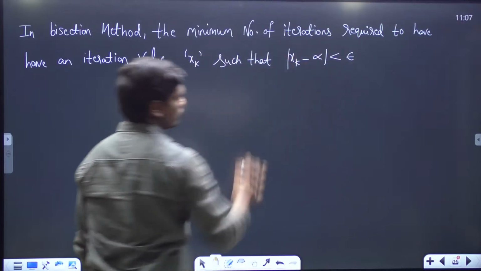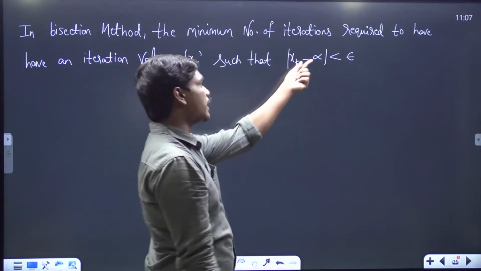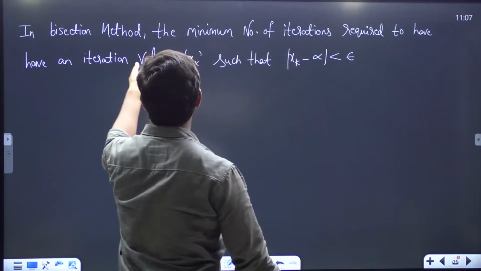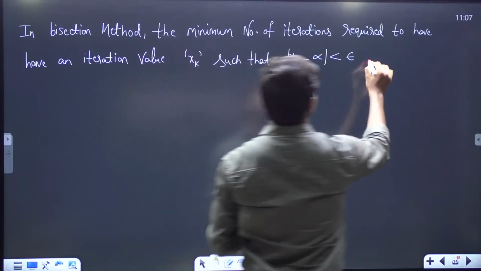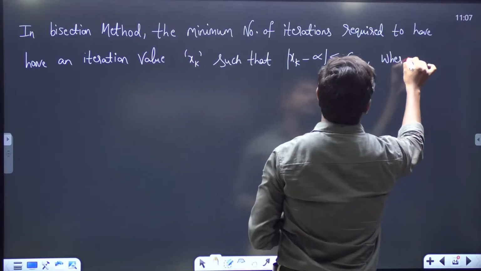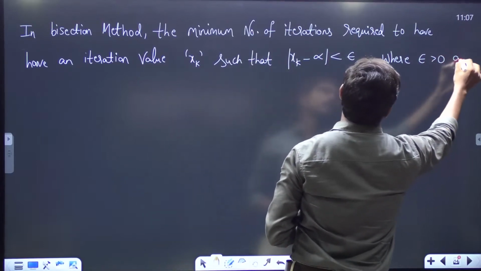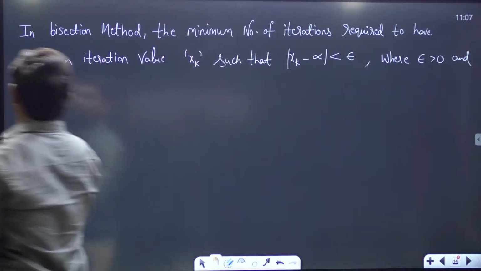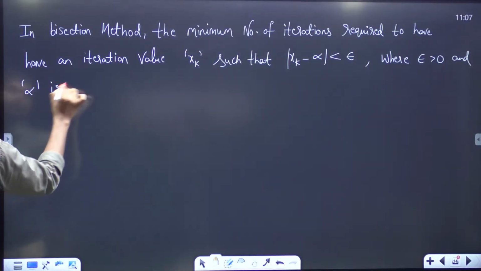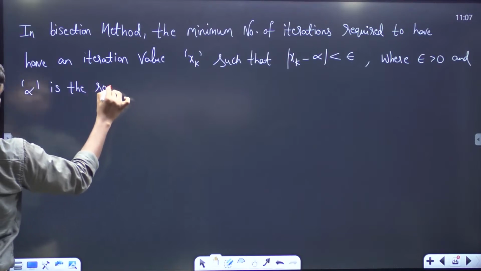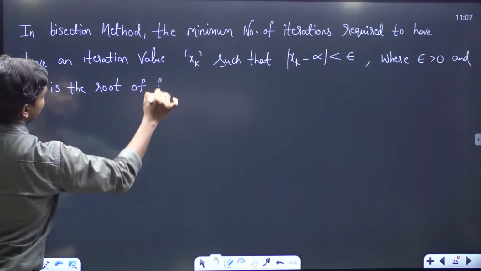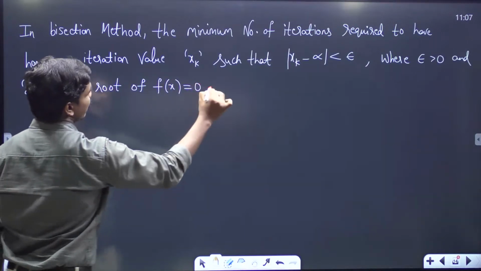You can take modulus if you want, because this is the difference between the actual root and the value that you are obtaining in xk, where epsilon is a constant which is very small, and alpha is the root of f of x is equal to 0 in a comma b.